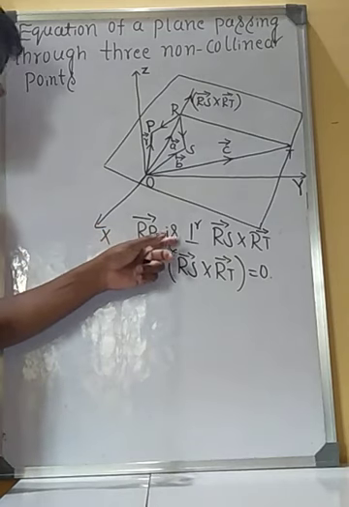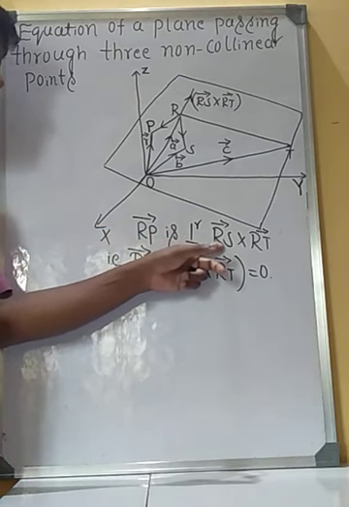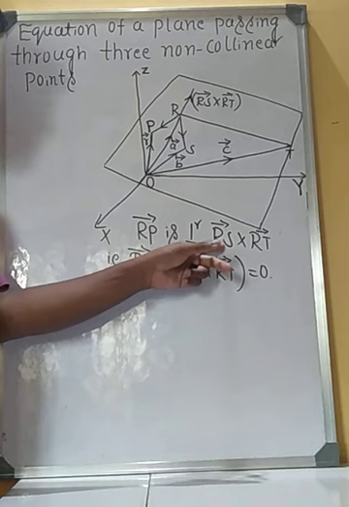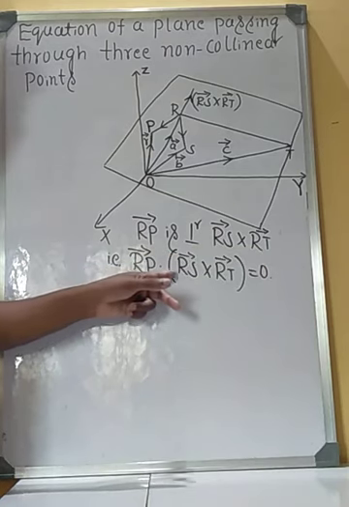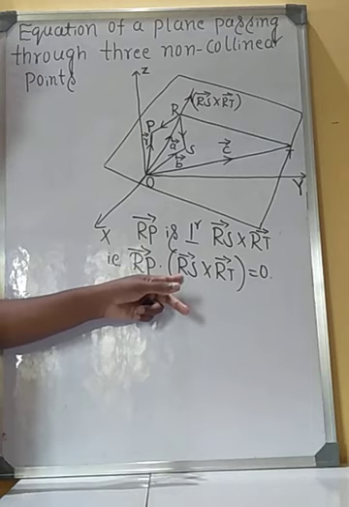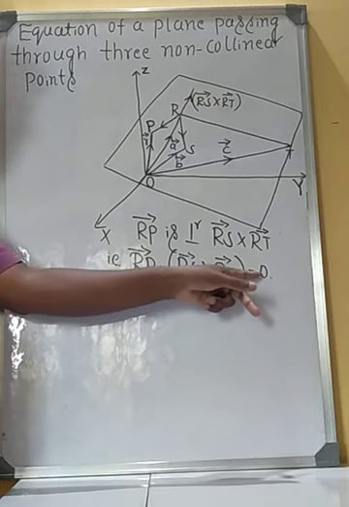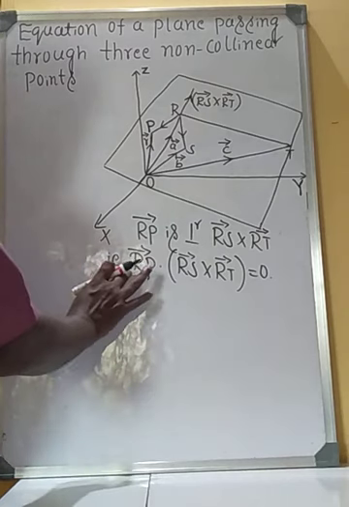RP vector is perpendicular to the vector RS cross RT. That means RP vector dot RS vector cross RT equals 0.